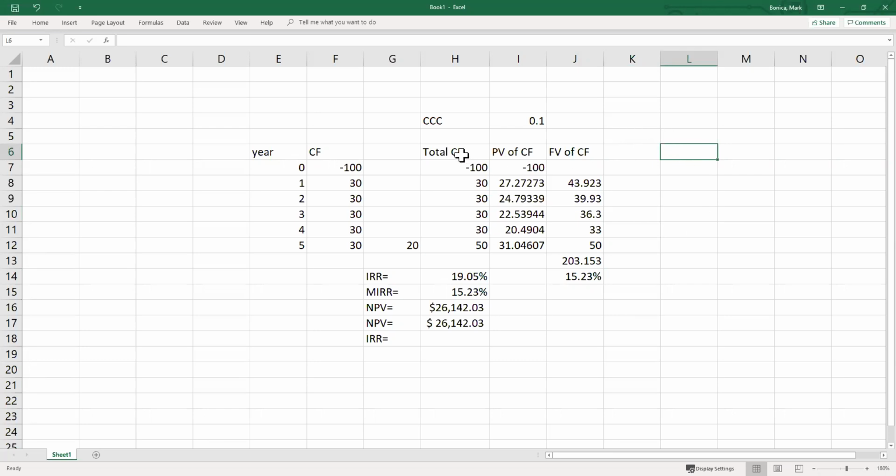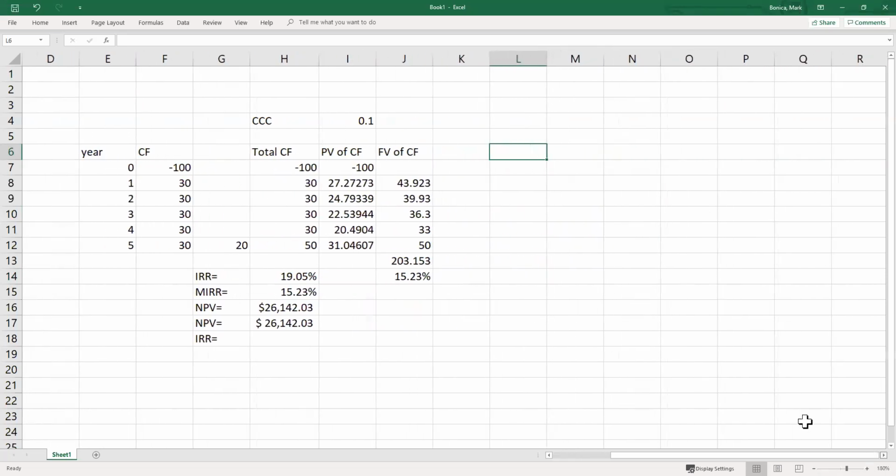Okay, so our worst case scenario would have, let's see, how do we want to do this? I'll just do it here. So worst and then best, what are our assumptions? Well, cash flow. So worst and best, we still have the same initial investment for both.